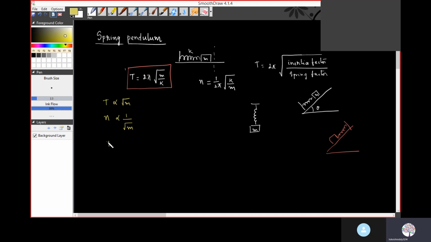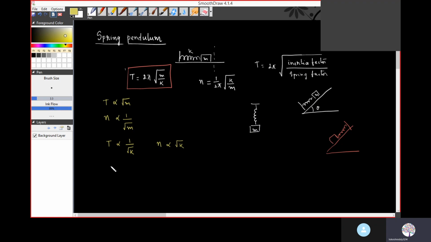T is inversely proportional to root K, where K is force constant. Whereas frequency is directly proportional to root K.